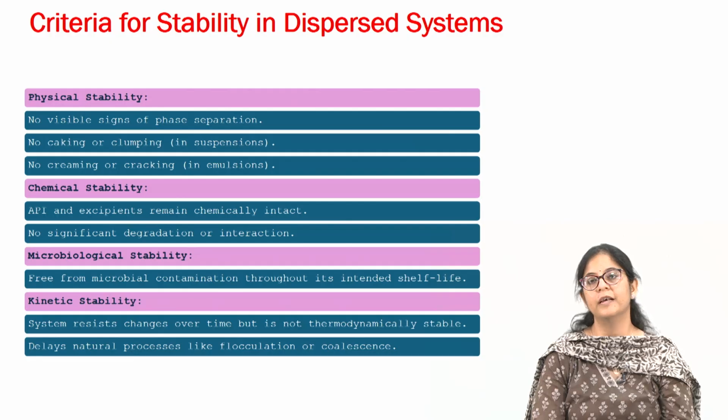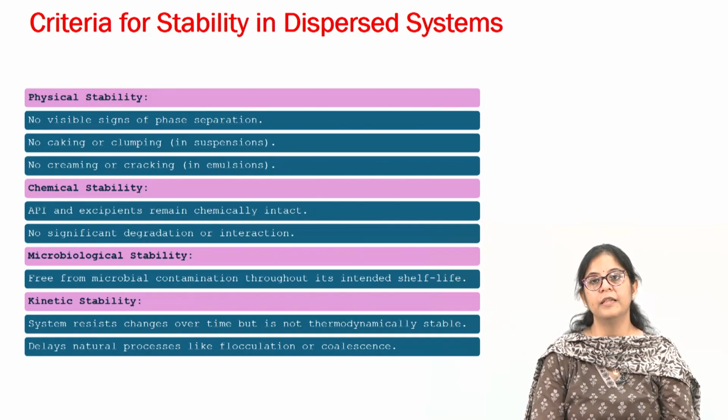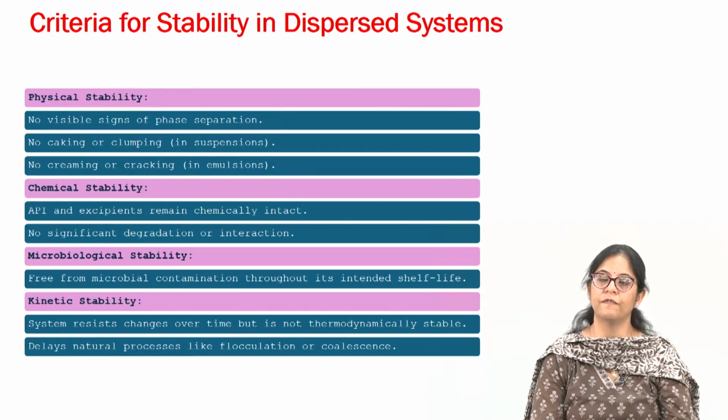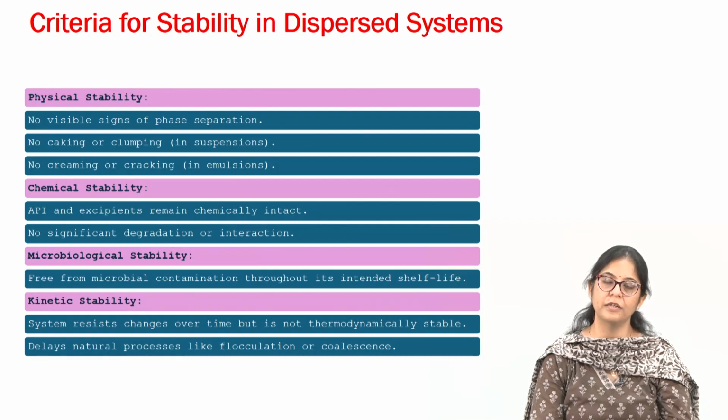What it means is that though they are thermodynamically unstable, during the course of their storage and usage they should not aggregate or form flocks or aggregates, which leads to the separation of phases and loss of their pharmaceutical efficacy.